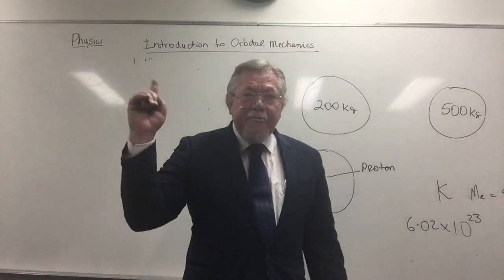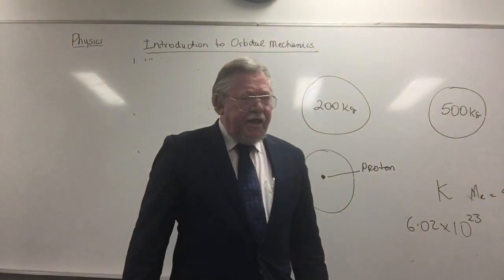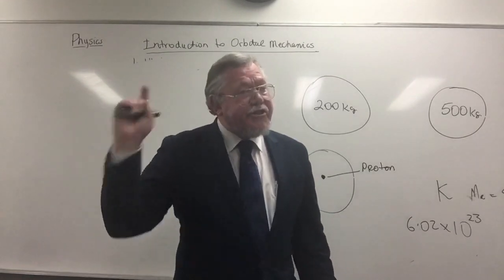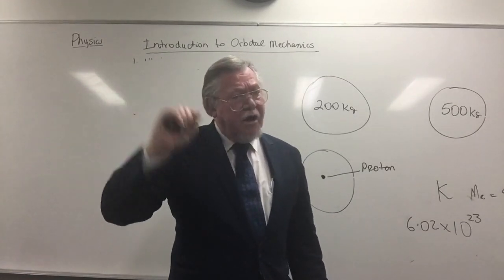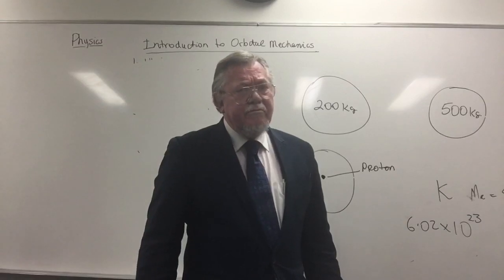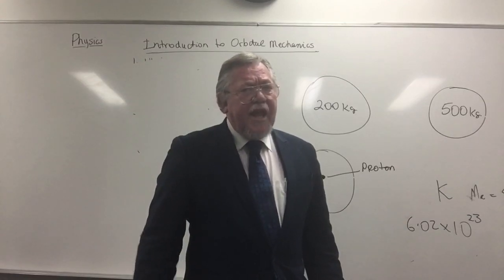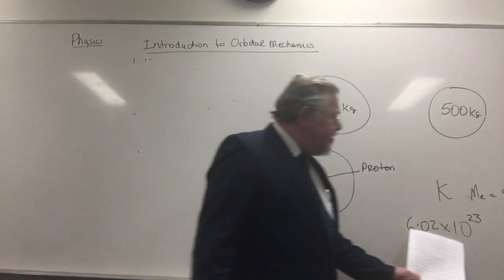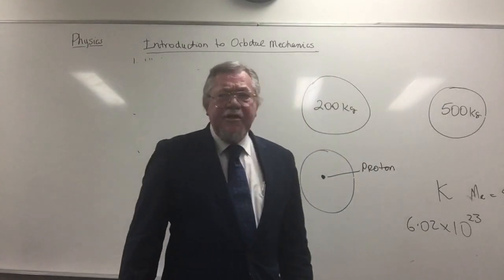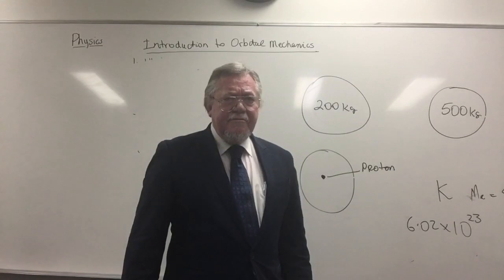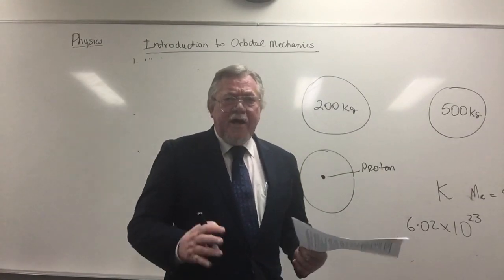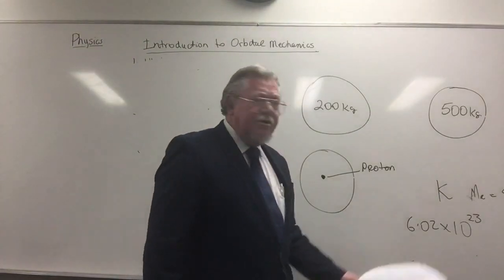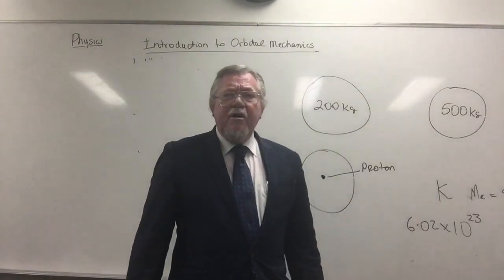But the thing about these protons is they have mass, and the mass is the same for every proton. And if you have enough protons, 6.02 by 10 to the 23 of these protons, and put them all together, you're going to have 1 gram of hydrogen.